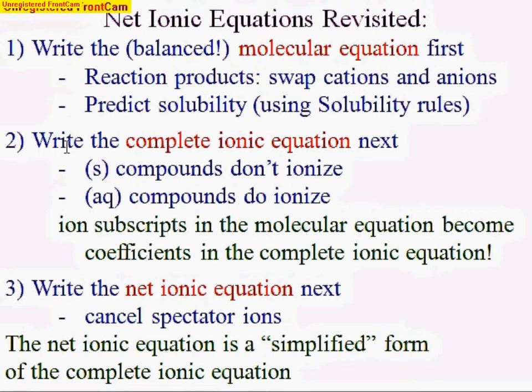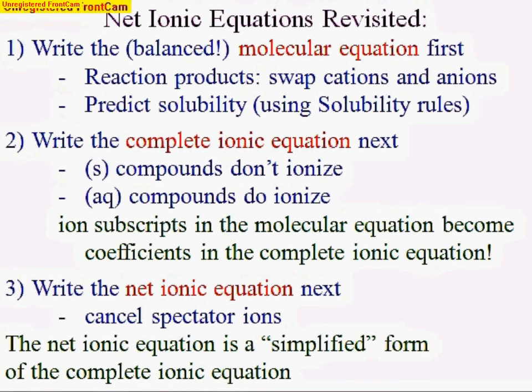Step 2, then you do a complete ionic equation. And it's important to know here that if you have an S, that is going to stay together, it's not going to ionize, and if you have an AQ, it will break apart into their ion forms. Step 3, then, you'll cancel out the spectators, the ions that aren't really involved, they're just there watching the reaction, and it leaves behind then just the ions that are responsible for forming that precipitate.